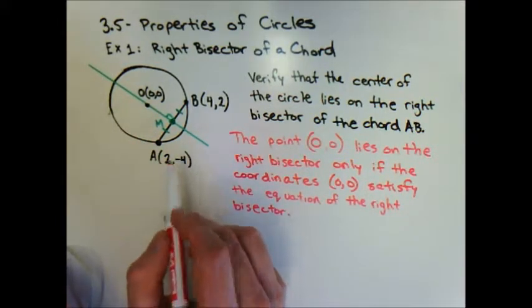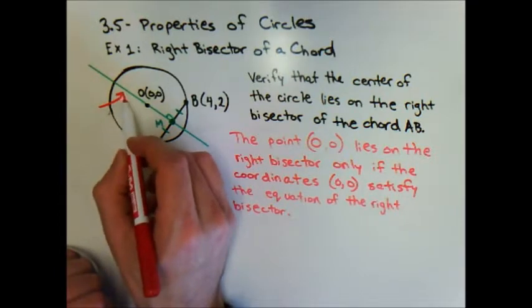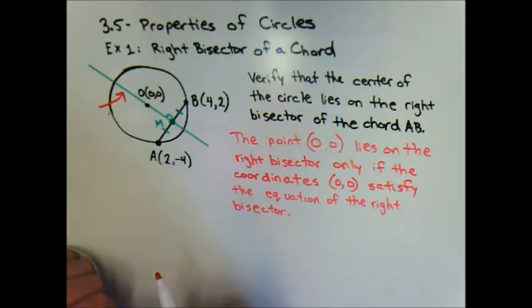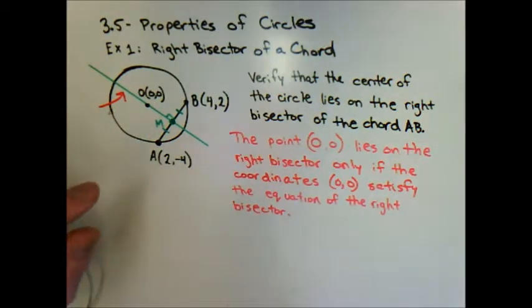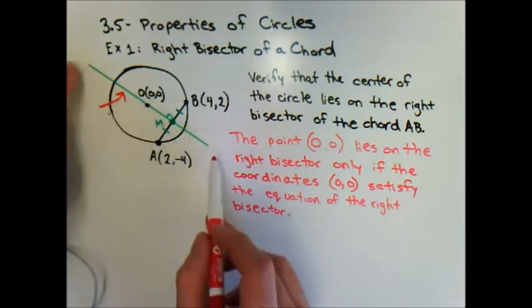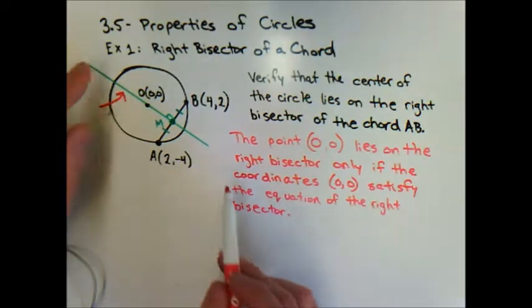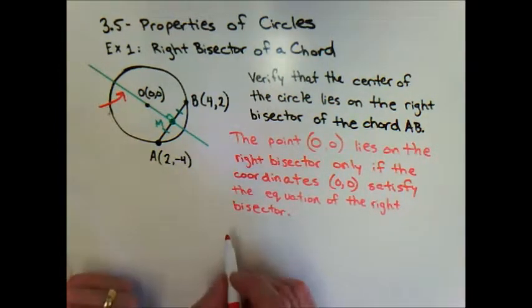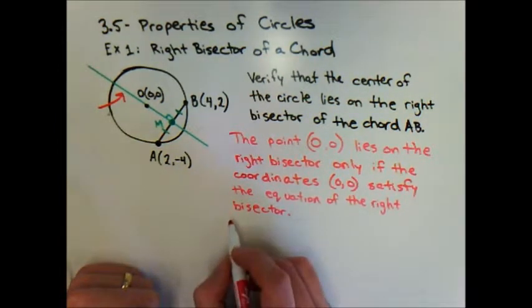So now we know that we are going to need the equation of this line. What do we need in order to find the equation of that line? We need its slope.